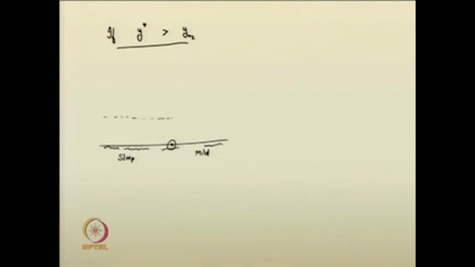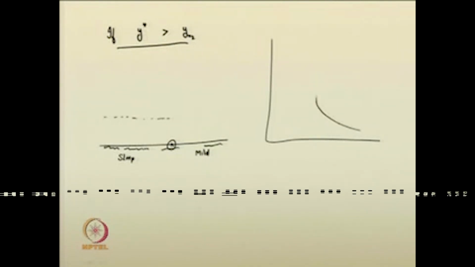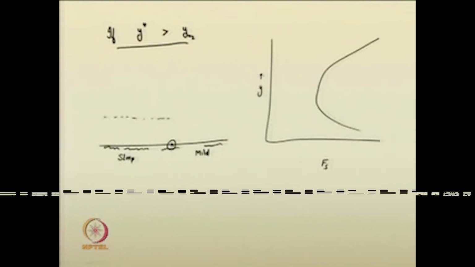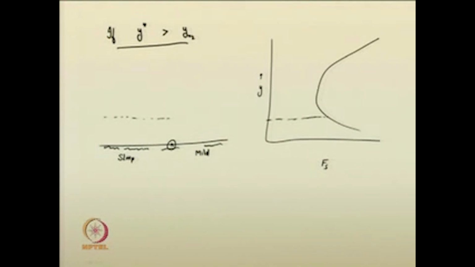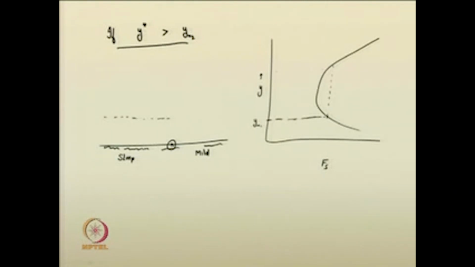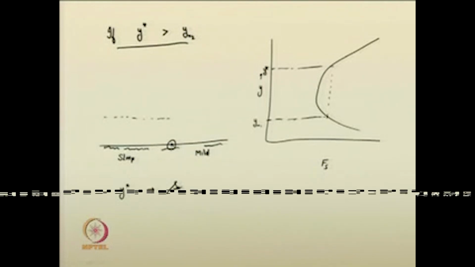The corresponding normal depths, so the specific force versus depth curve, we have just plotted it in this case. Let me suggest that the corresponding sequent depths are yn1 and y star, so y star is the sequent depth of y1.